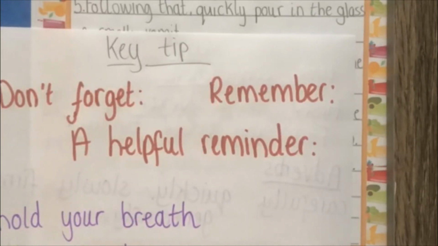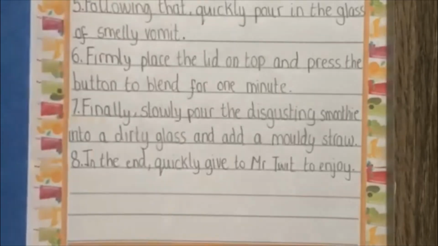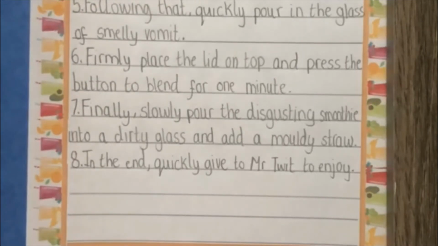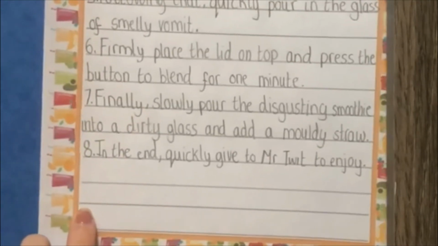I am going to put a helpful reminder. I'm going to get my pencil, and I'm going to miss a line to make sure my work isn't all scrunched up together and looks nice and clear and nice and neat, ready for Mrs. Twit to use. I'm going to miss a line and write on the next line here.